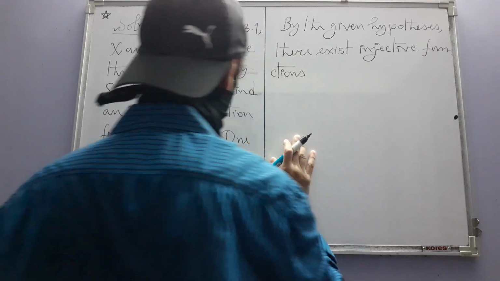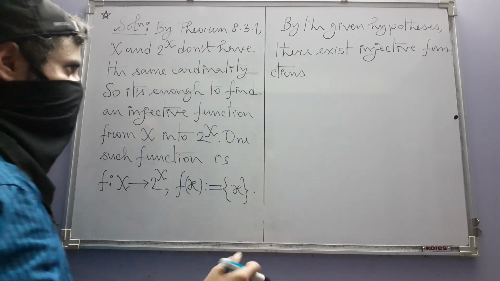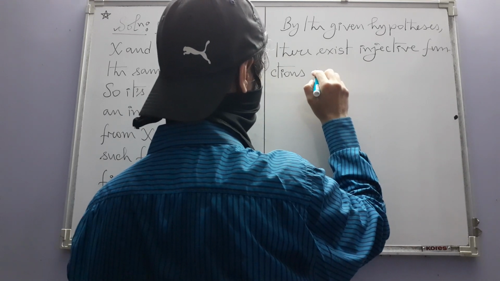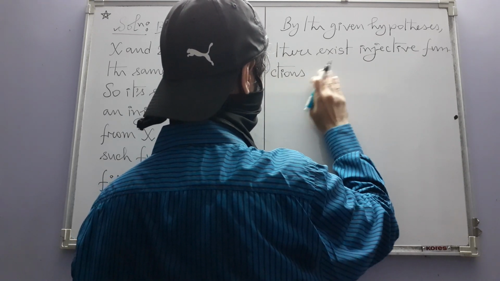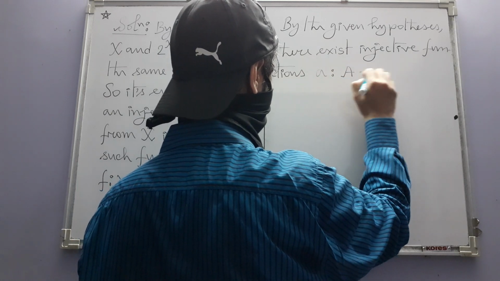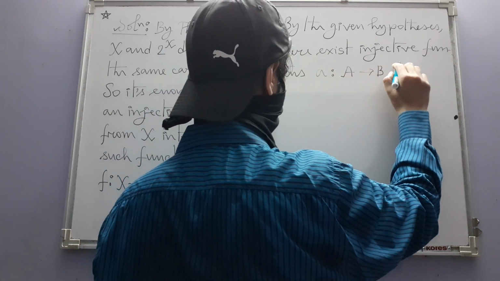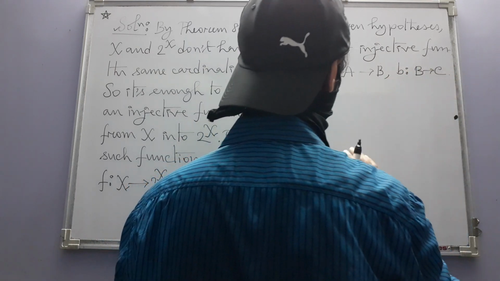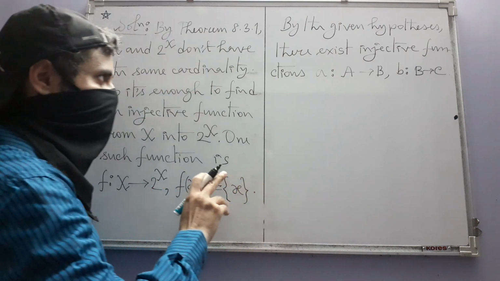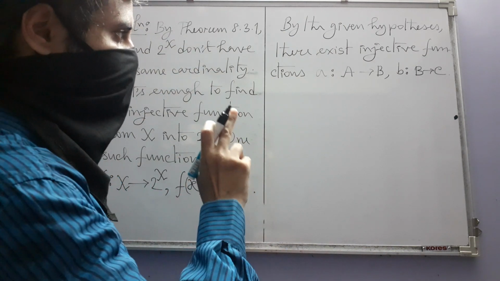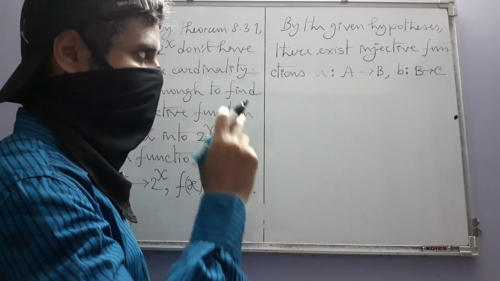Let us call them a and b, a from A into B and b from B into C, which just say that A has lesser or equal cardinality than B and B has lesser or equal cardinality than C.